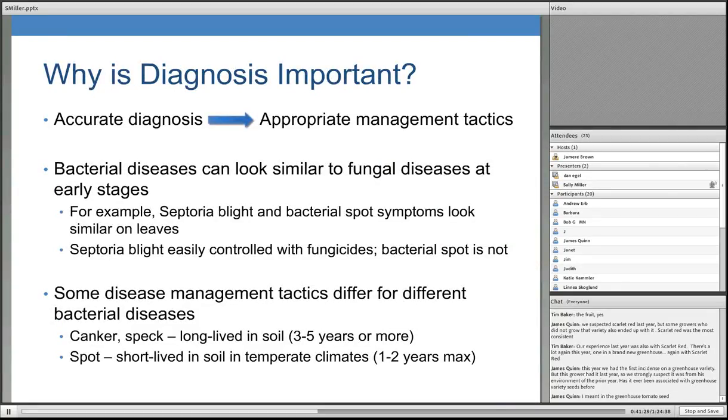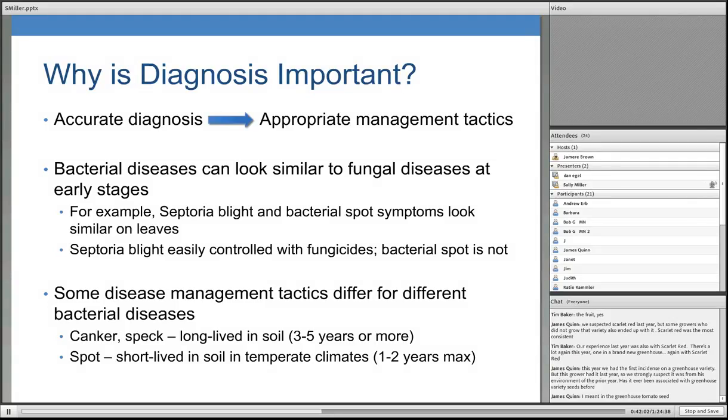Now, we talked about why diagnosis is important, and of course, if you don't have an accurate diagnosis, you're not going to put in the appropriate management tactics. An example I always like to use is that at very early stages, bacterial diseases can look similar to fungal diseases, particularly Septoria, because you may have spots on the leaves that are pretty nondescript.